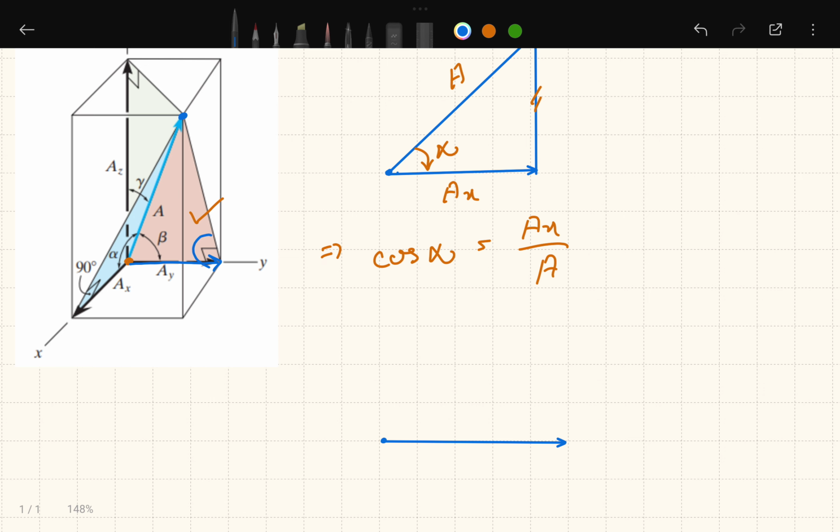Then you see this is a perpendicular, meaning a 90-degree angle, so you draw a perpendicular here.